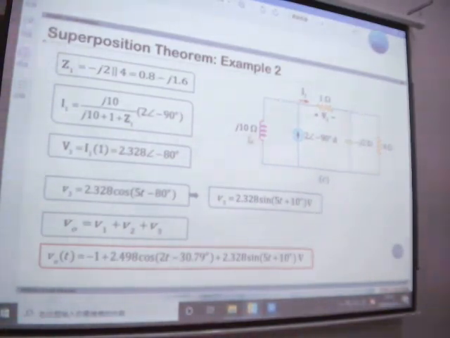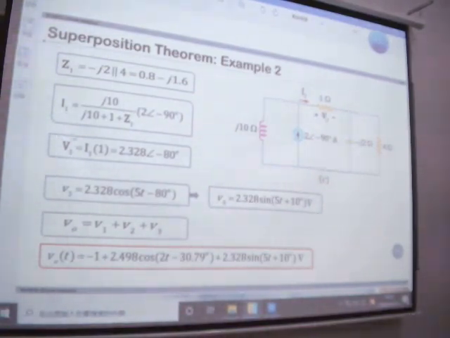And for this one, we can use the current divider. Here, the current divider is the opposite impedance over the sum. Opposite impedance over the sum. So it's 10j over 10j plus 1 plus V1, times the current source. Current divider, okay? And then for this one, we can calculate our I1.